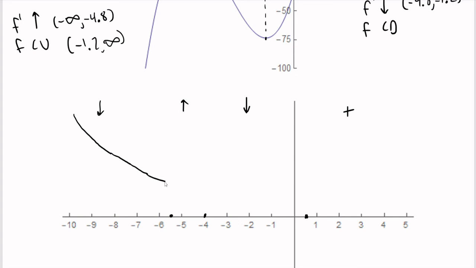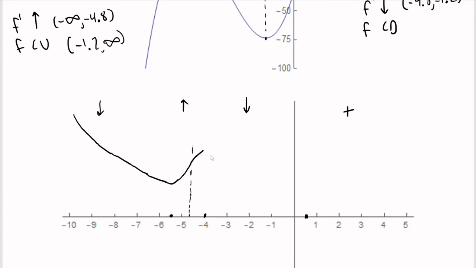I hit this point. Now I'm still concave up, because remember, this is where the concavity switches from up to down. So I hit this point, now I'm supposed to be increasing, but still concave up. Now I'm increasing, but concave down.